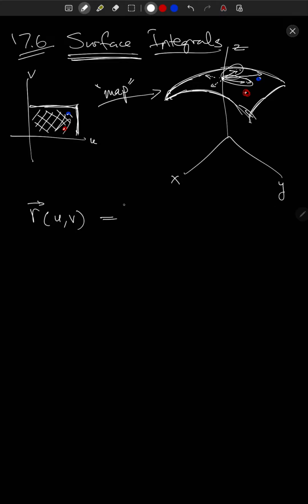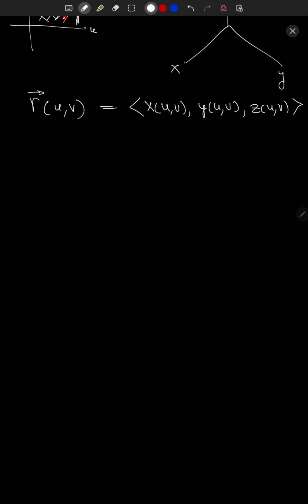So the output should be three coordinates: X of U, V; Y of U, V; Z of U, V. Each of these is individually a function of U and V. Again, our book likes to think of this as a vector-valued function with the sharp brackets, but it's better to think of it as a mapping.